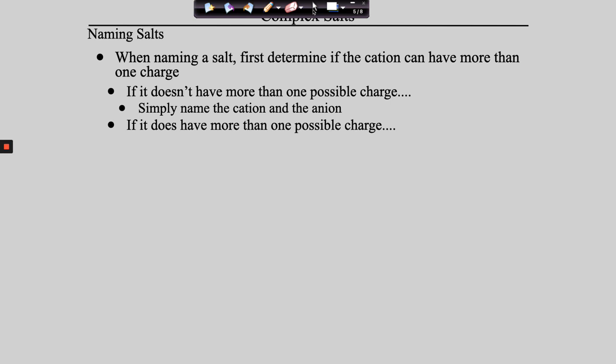If we find out that it can have more than one charge, you engage in a process that I call working it backwards. So guys, working it backwards, and I know I'm going fast, but just bear with me. 3-step process. Multiply, set it equal, and divide. That's it.